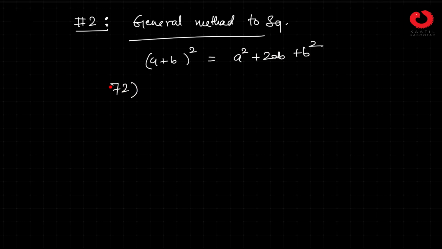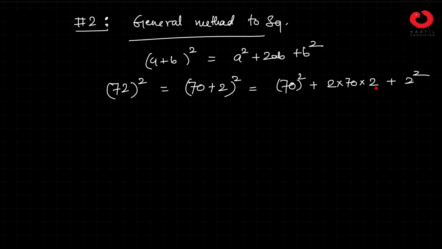Suppose the number is 72 and you want to square this. You can do this as (70 plus 2) whole square, which is 70 square plus 2 into 70 into 2 plus 2 square. Now you can see this is 4900 plus 280 plus 4.